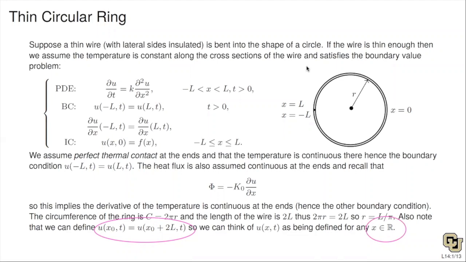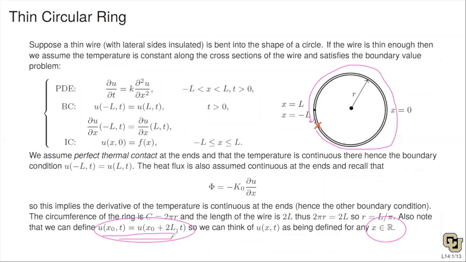So here on the ring, every time you go a length of 2L circumference, you're back where you started, right? If I'm at some point and then I travel along the ring a length of 2L, I'll be right back where I started.